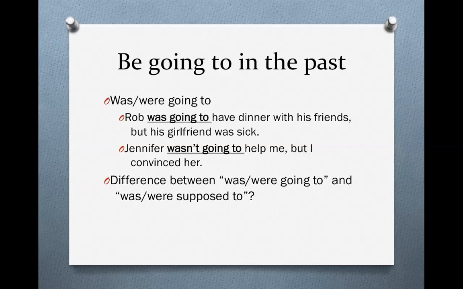Okay, this isn't perhaps as big of a deal as the homework. Like I said, it's a small difference. It's not that important. You could also say here Rob was supposed to have dinner with his friends. That would work. It would have basically the same meaning. But if there's any difference at all, I would simply say that supposed to is perhaps a little bit stronger than going to. Just a little bit.